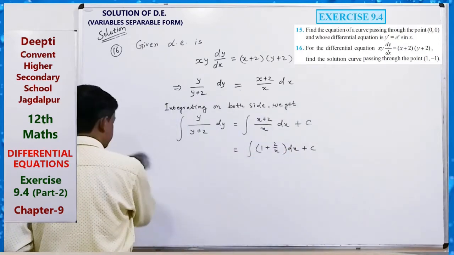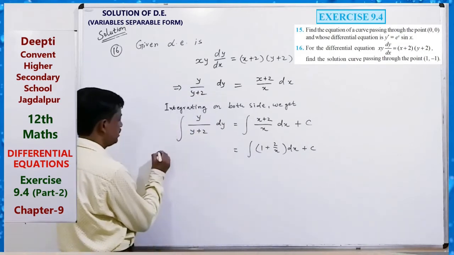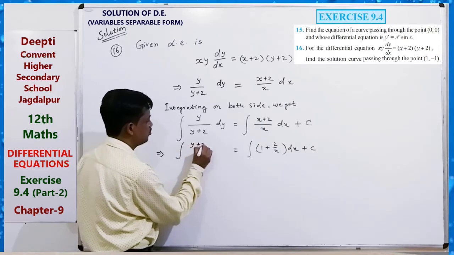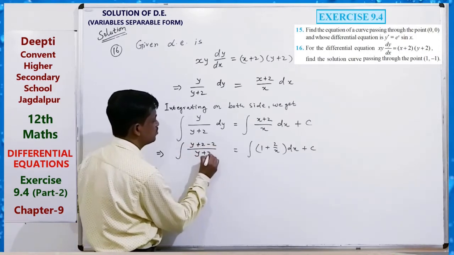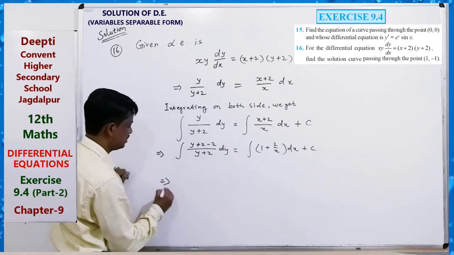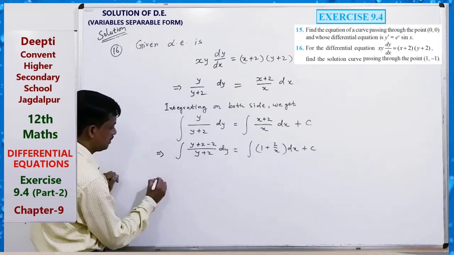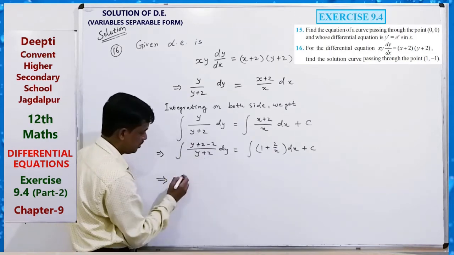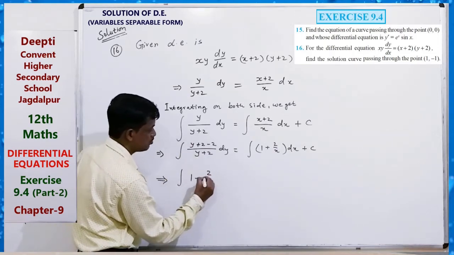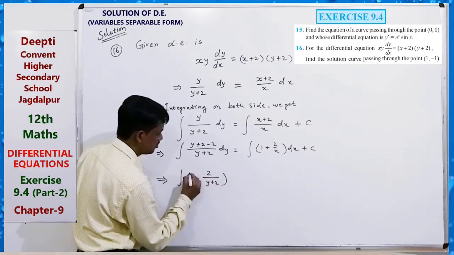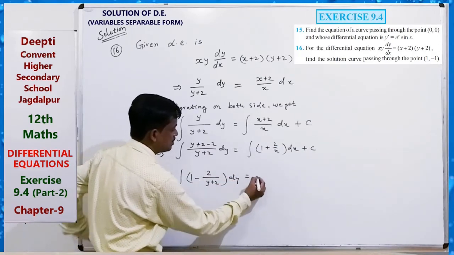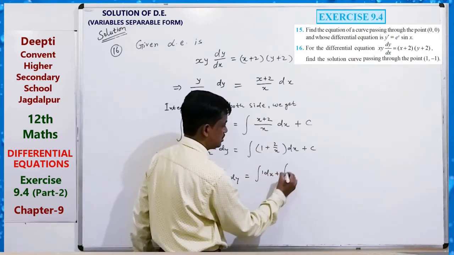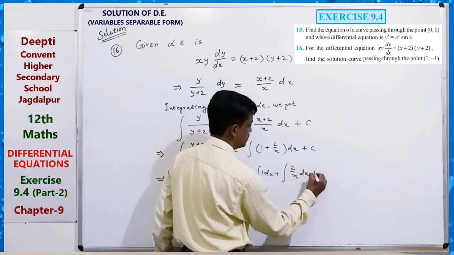Okay. Here we can write the integration of (y+2-2)/(y+2) dy. Clear? Now y+2 is divided, so we get the integration of (1 - 2/(y+2)) dy, and the right hand side is the integration of 1 dx plus the integration of 2/x dx plus c.